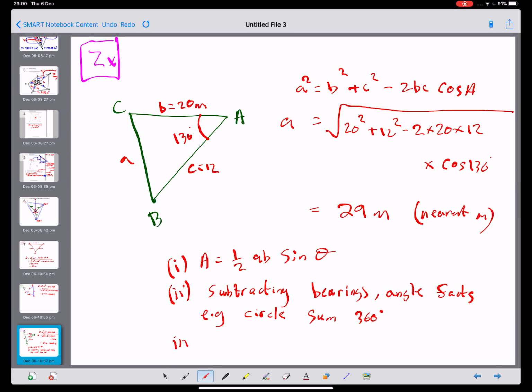And the final thing is the cosine rule. Okay, so those 3 points are really important and they're going to help you out in the exam. Okay, good luck and study hard.